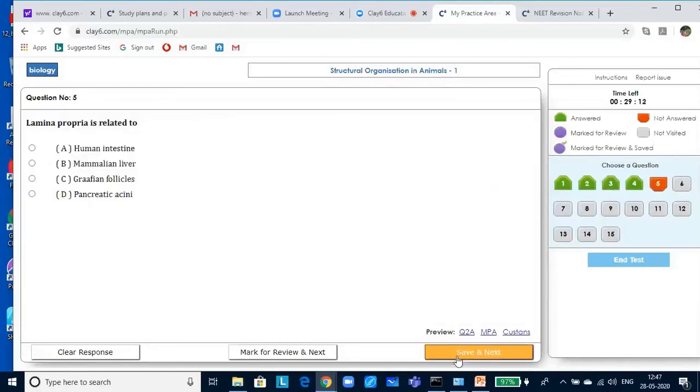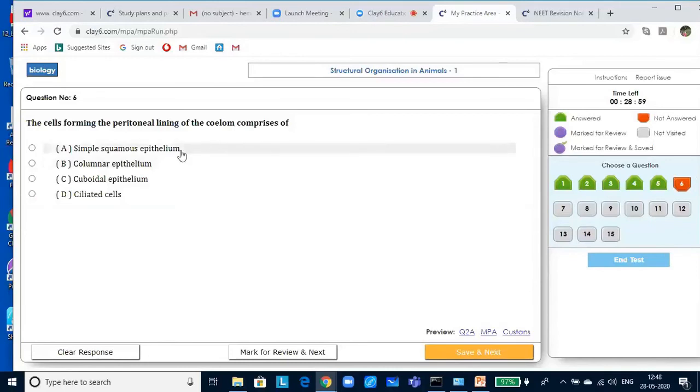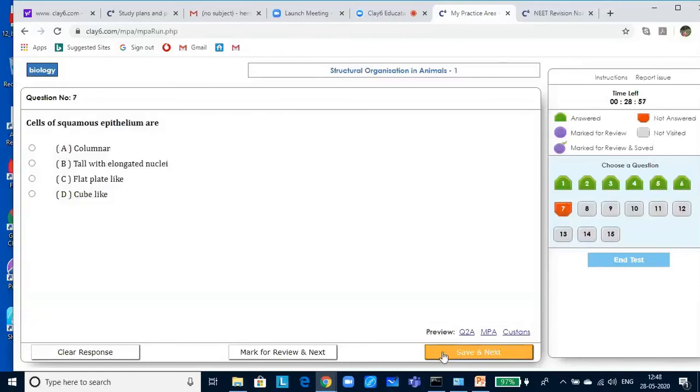Lamina propria is related to the human intestine. The cells forming the peritoneal lining of the coelom comprise simple squamous epithelium. Cells of squamous epithelium are flat, plate-like.